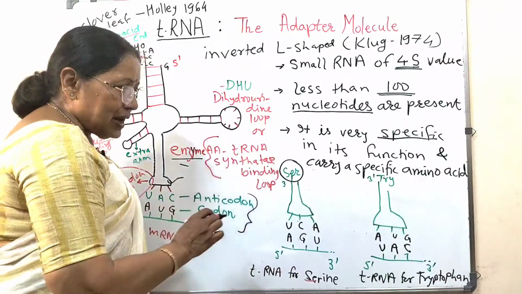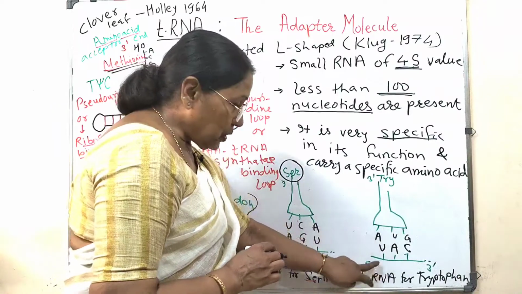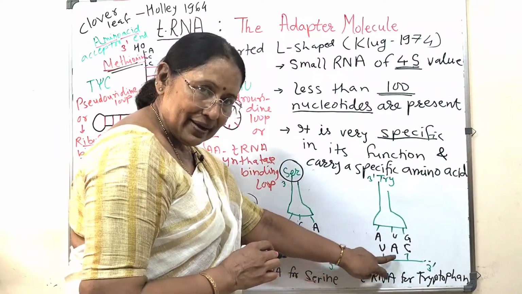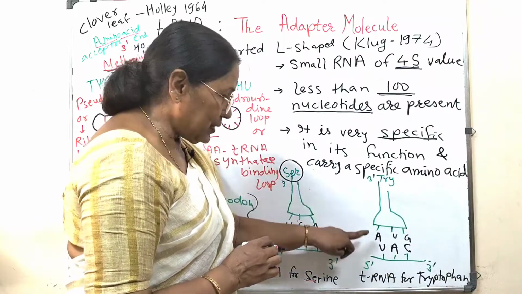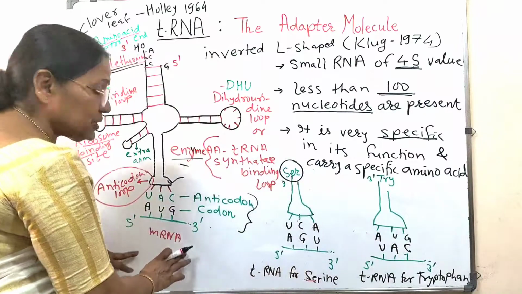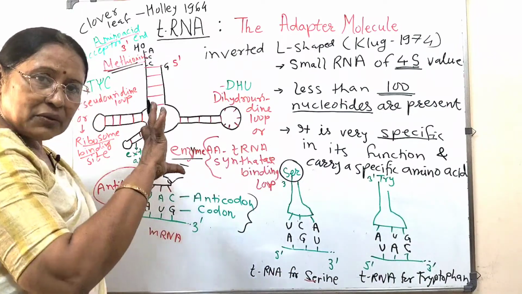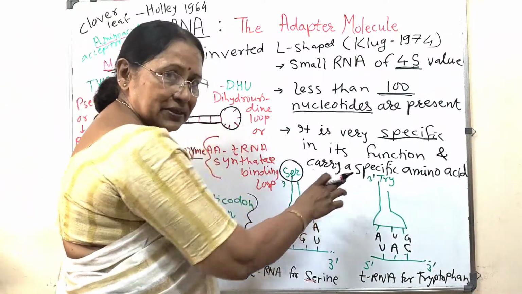Now come to tryptophan. On the mRNA the codon is UAC and on tRNA the anticodon is AUG. That means just the reverse of methionine. The codon and anticodon, simply twist it and you get it for tryptophan.